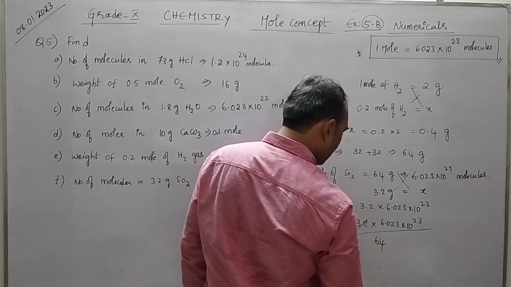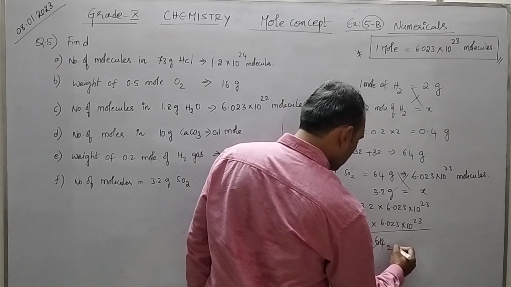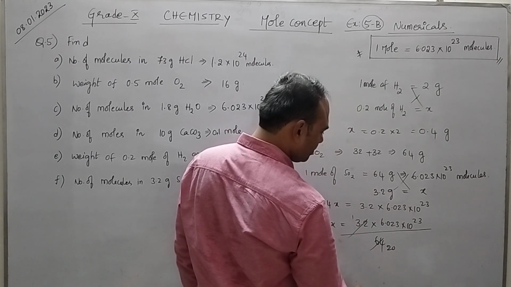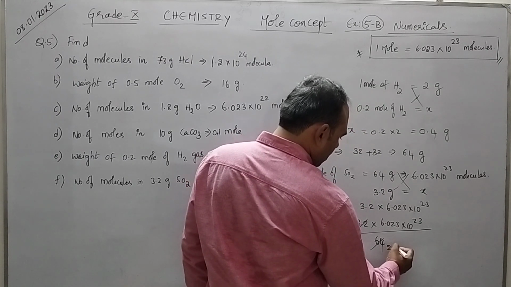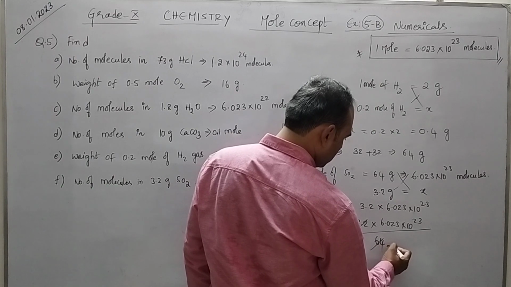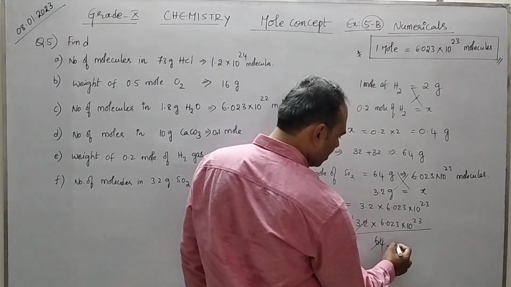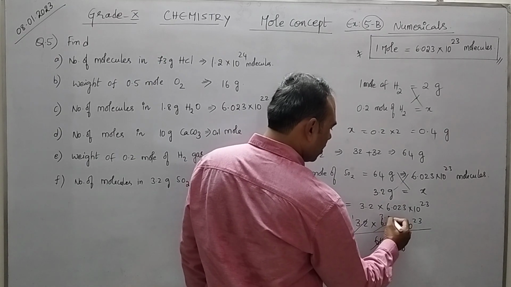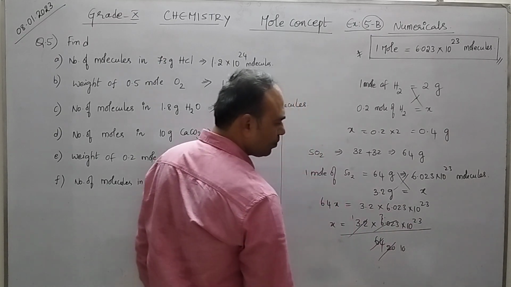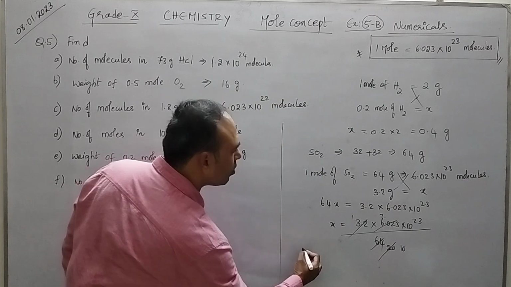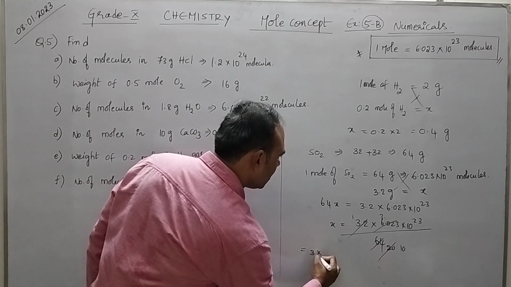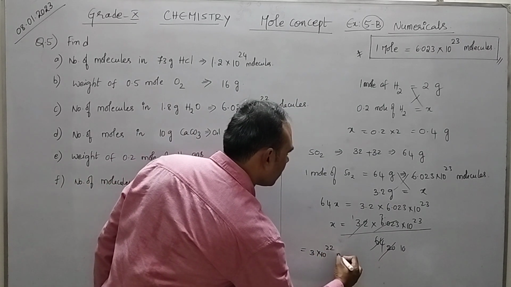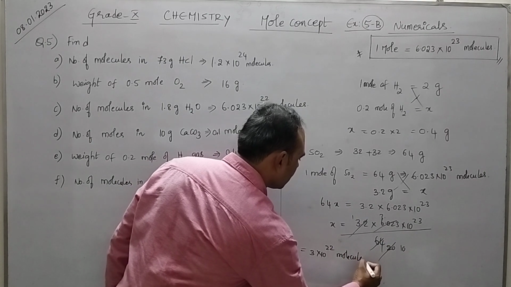So this is 1 time 20 we can take. Next this you can cancel. So 2 with the 10. So we can take it as approximately 3. Now 10 and 10, 22. Therefore, we get 3 into 10 to the power of 22 molecules.